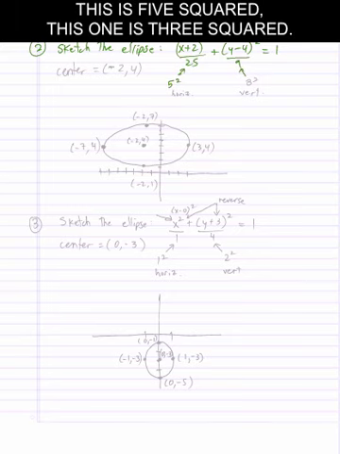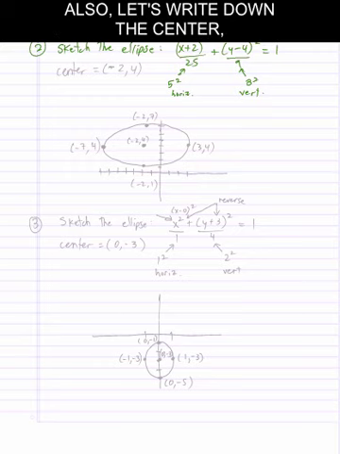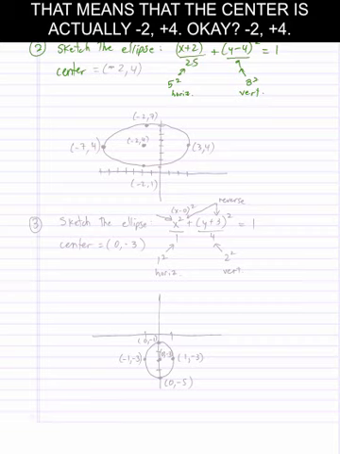This is 5 squared, this one is 3 squared. Remember, this is horizontal, and this one is vertical. Also, let's write down the center. Don't forget that we need to reverse these signs. That means that the center is actually negative 2, positive 4.